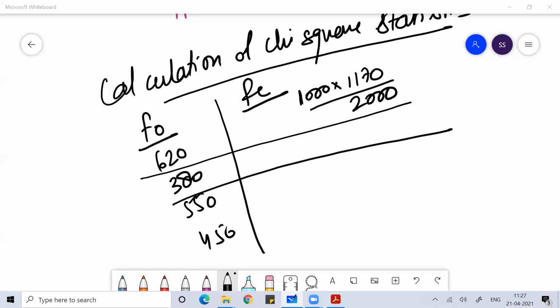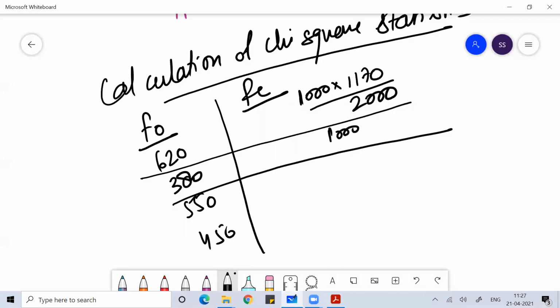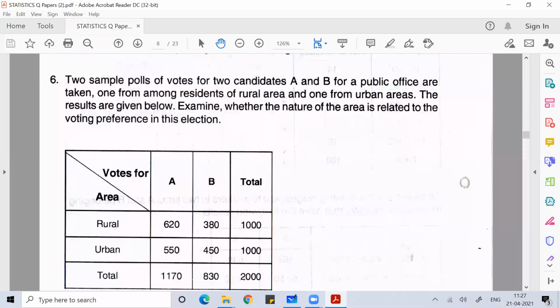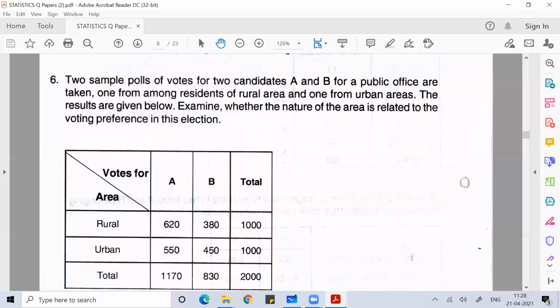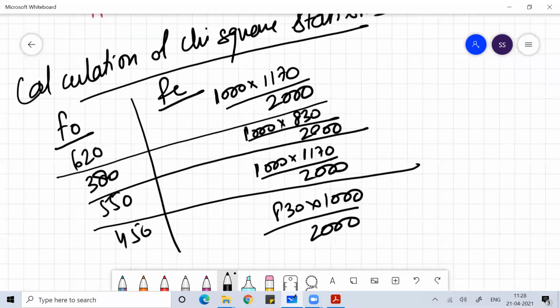Then for 380 we do the same thing: 1000 into 830 divided by 2000. Then for 550 it is 1000 into 1170 by 2000, and for 450 it is 830 into 1000 divided by 2000. So with this, I'll get the expected frequency.